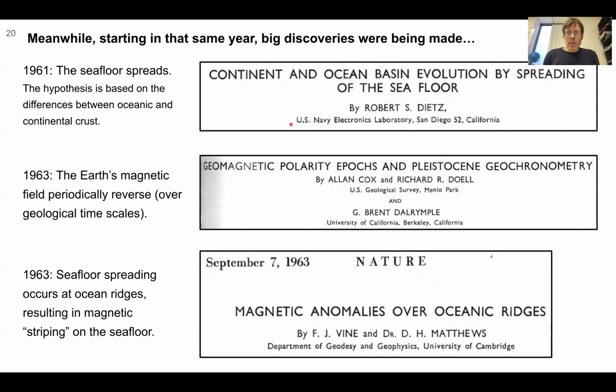1961, Dietz hypothesized that the seafloor spreads. And this was based on a recognition that there were major differences between the profile of oceanic and continental crust.